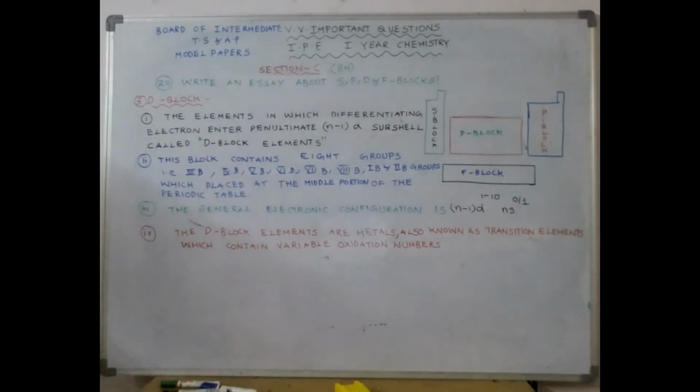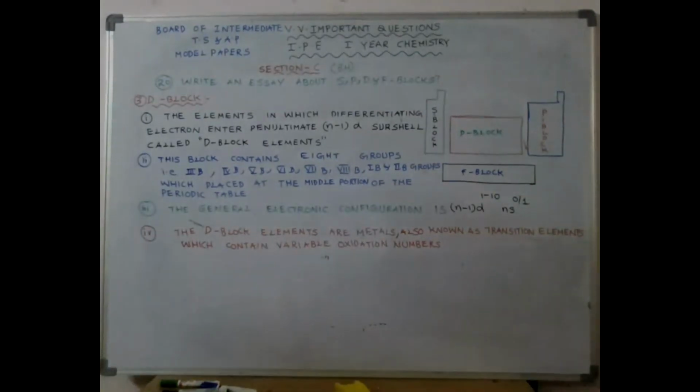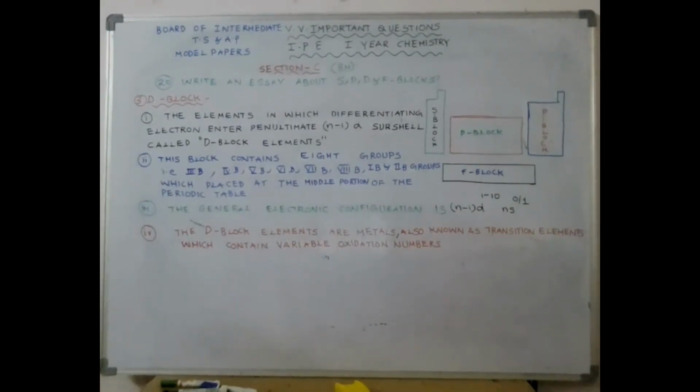The d block elements are metals, also known as transition elements, which contain variable oxidation numbers. That's about d block.